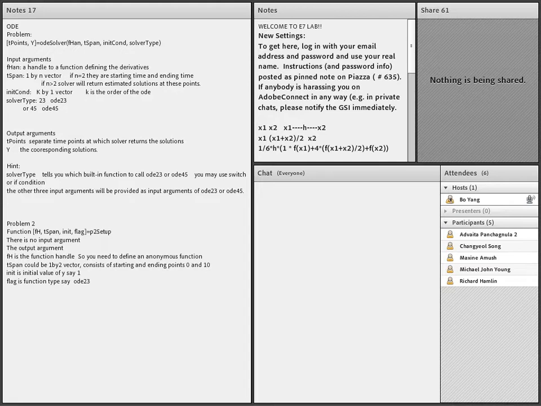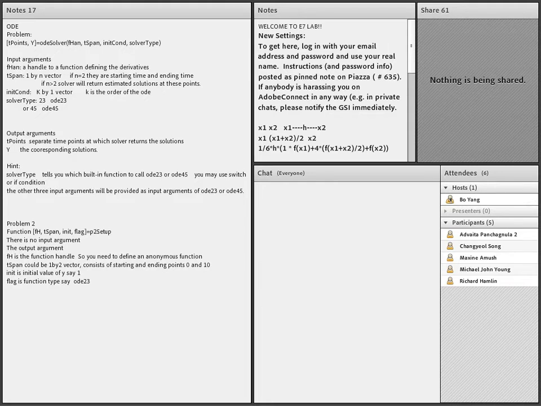In this problem, it is 0 and 10, and the ODE type is 23. This is for problem 2.